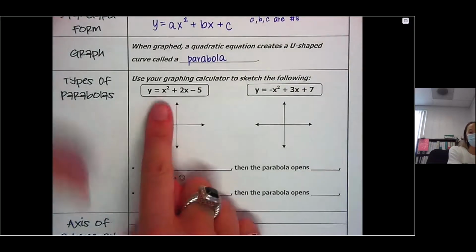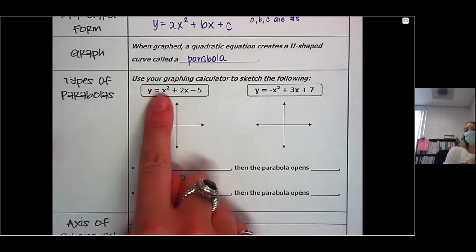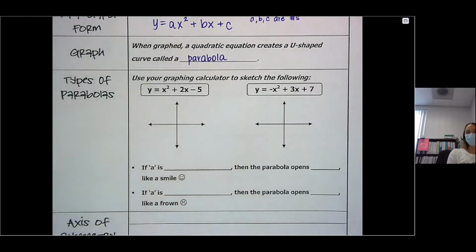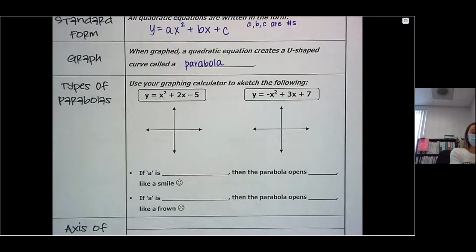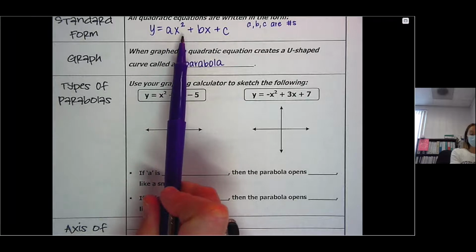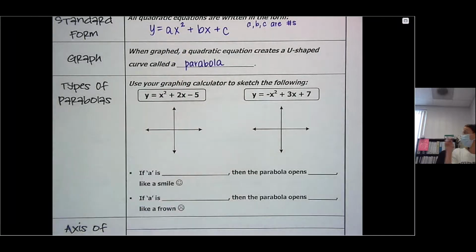So the first thing is, if you look at this first equation, it's y equals x squared plus 2x minus 5. What is your a value in this problem? The a value is whatever number's in front of your x squared. So what number is in front of the x squared? A 1.